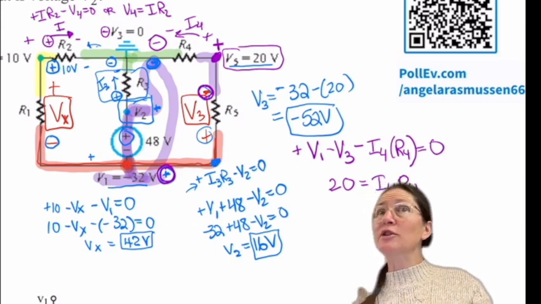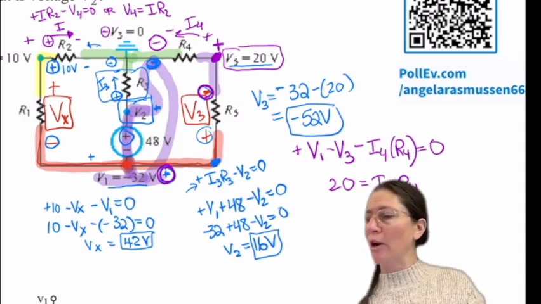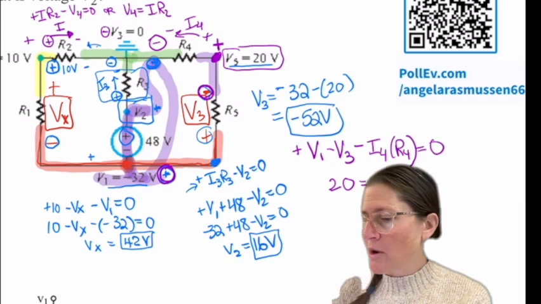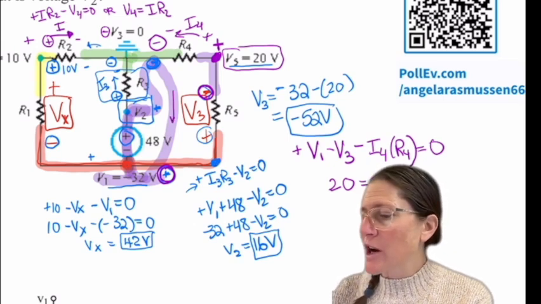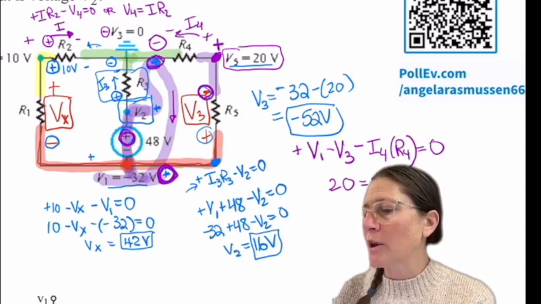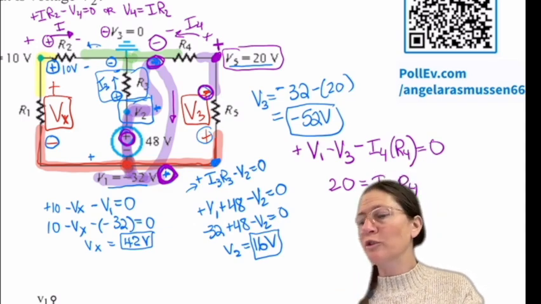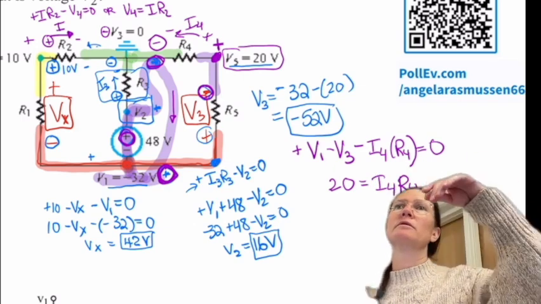V2? So again, the V2 node is a plus at that location in comparison to ground. So as I went through that loop, I went this direction. So I had the plus, and then the plus, and then going through V2 would be a negative. So use whichever direction you're going in.